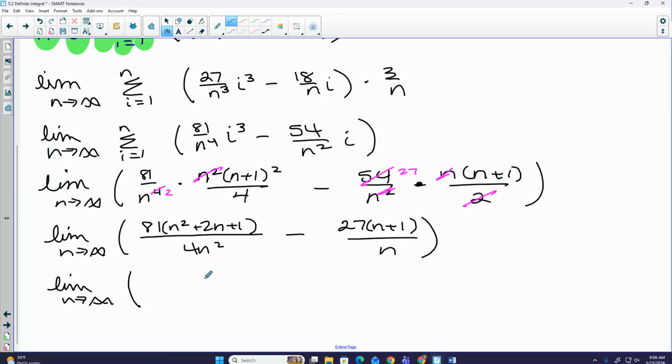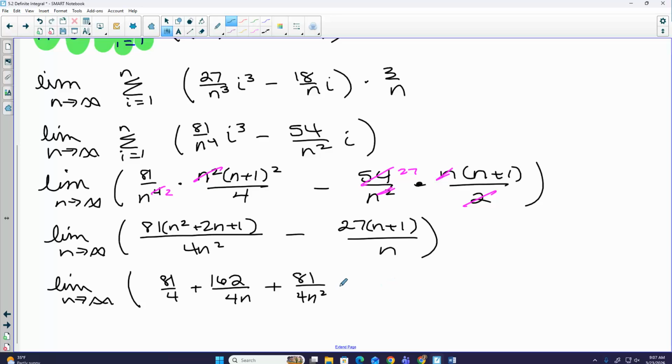So 81 n squared over 4 n squared, so 81 over 4. Minus 162 n over 4 n squared. You could reduce, I'll just cancel an n. Plus 81 over 4 n squared.